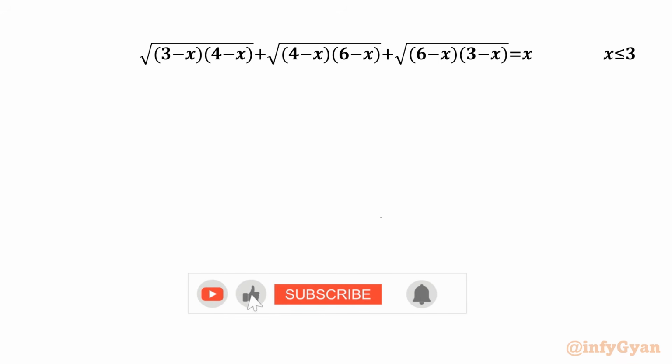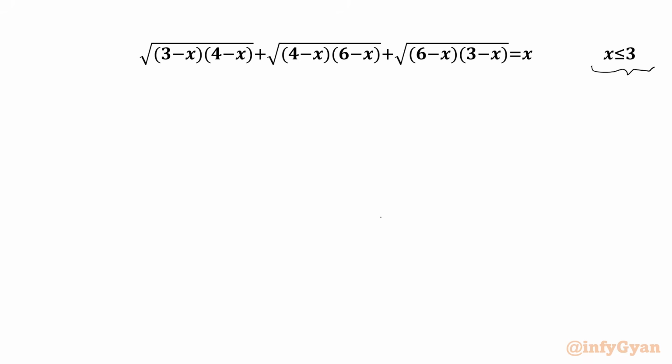In this video, we are going to take up another very interesting question from algebra. We have to find all real solutions given that x is less than or equal to 3. So let's get started.